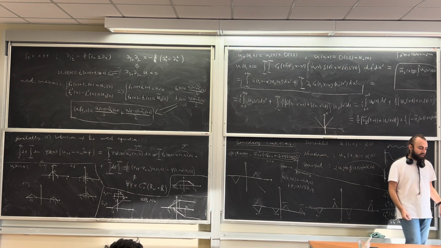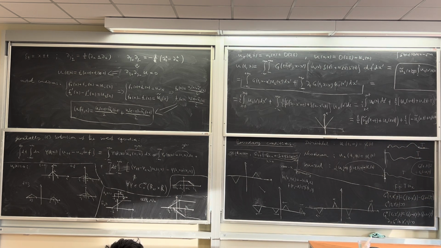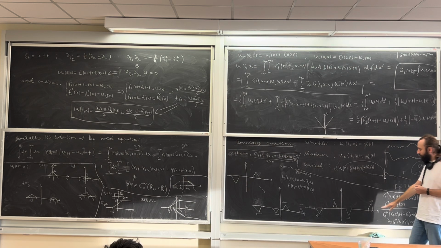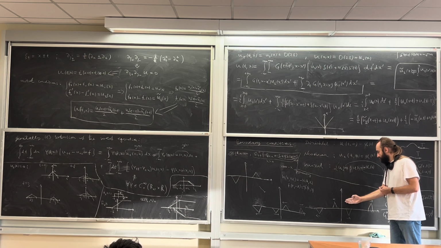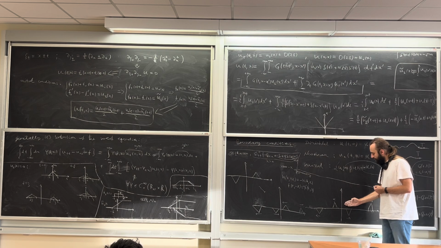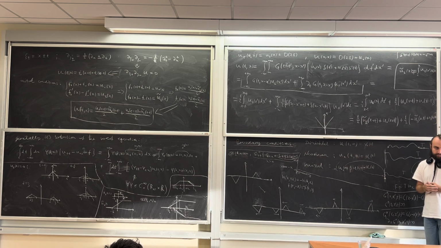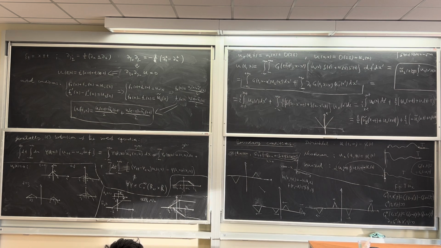For Neumann boundary condition, it is with the same sign. So if it was Neumann boundary condition, then this triangle would not be flipped. So is it fine?